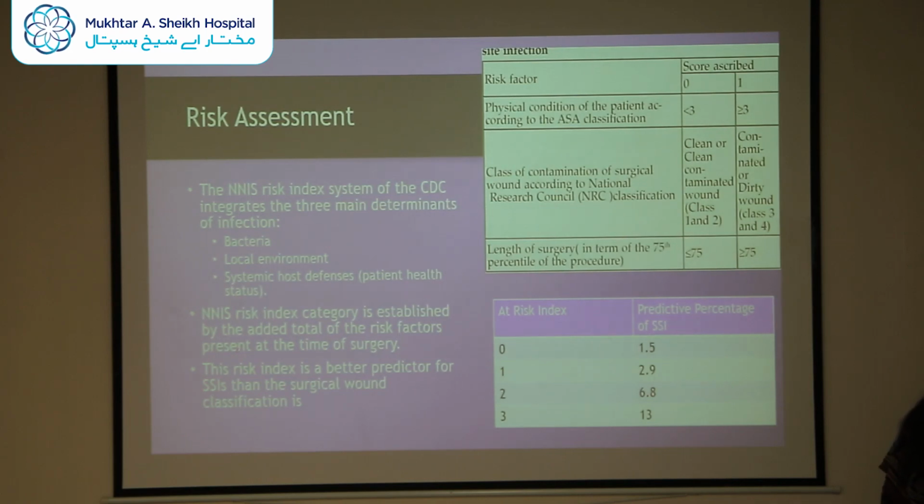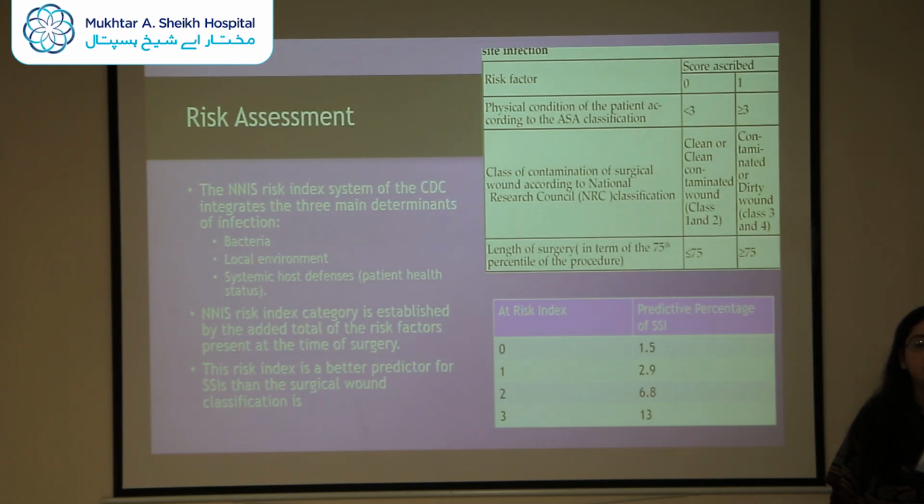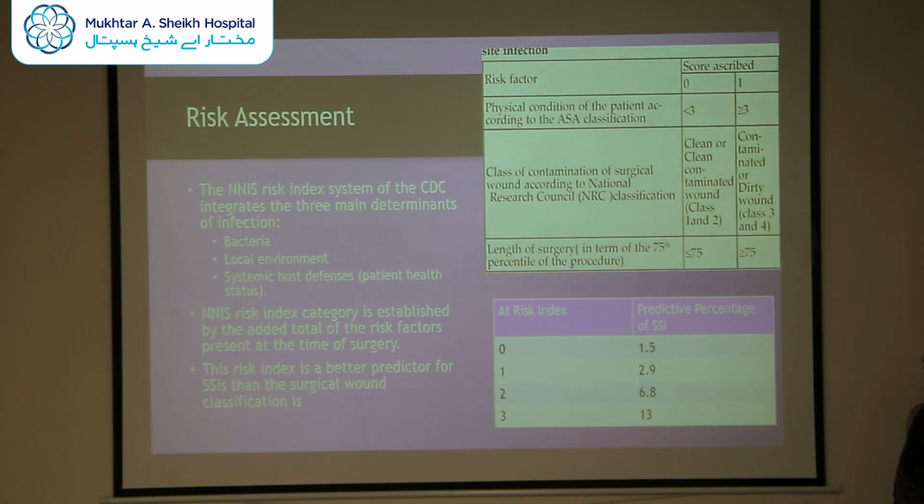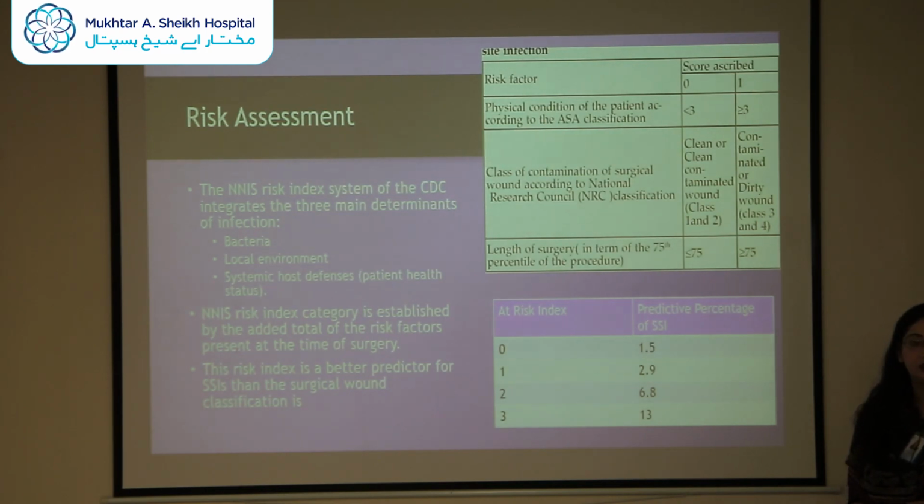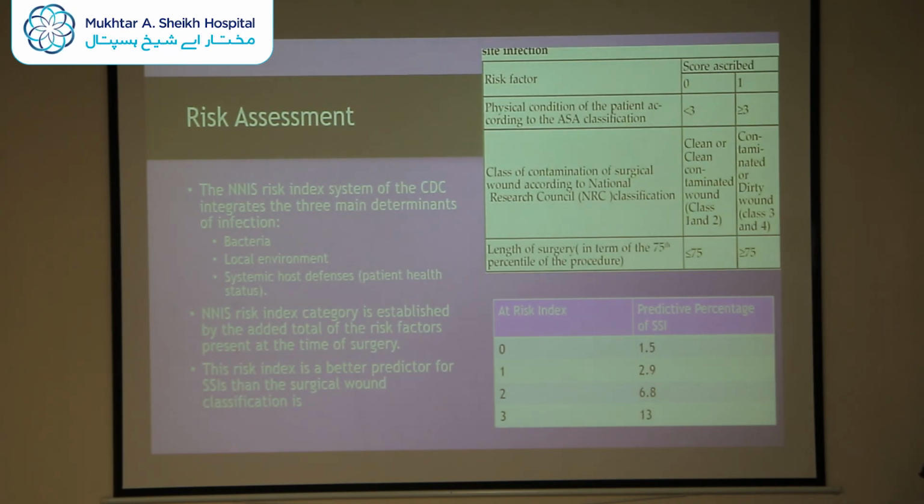However, these do provide a rough risk assessment, but a better risk assessment is done when we consider three things. This is the NNIS risk index, which is used by CDC in the States, and this includes three factors. One is the physical condition of the patient, that is ASA classification, whether it's less than 3 or more than 3.